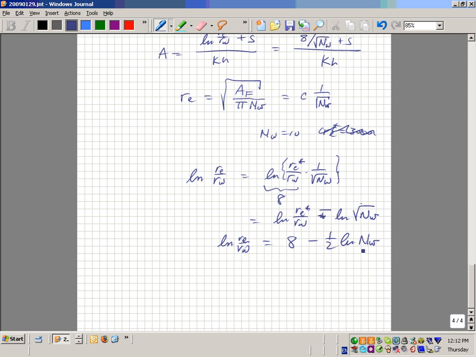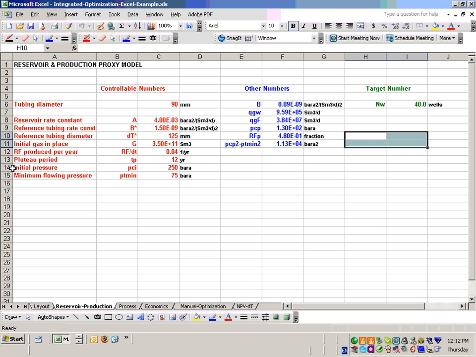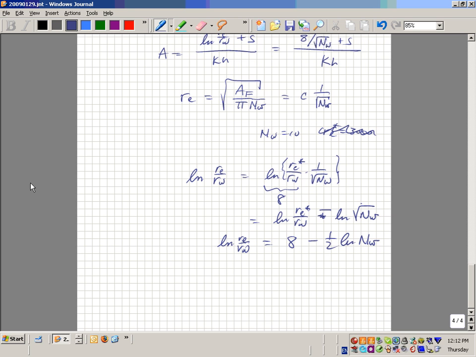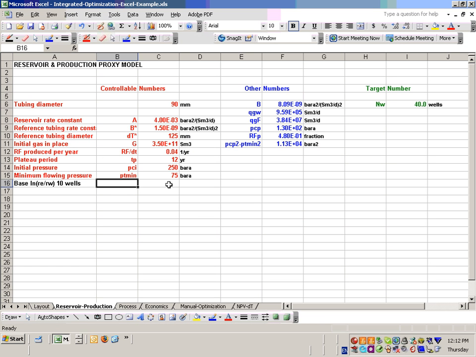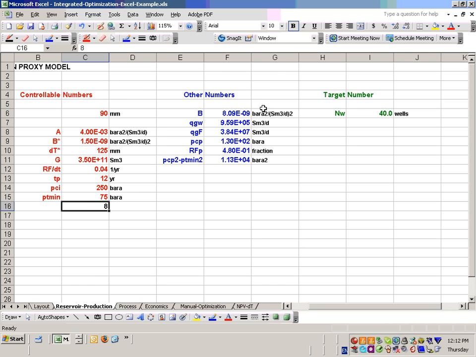So to do that, we have to add the base log RE/RW for 10 wells. So we put that over 10, because if that's 10, then this term goes to 0. So that's 8.